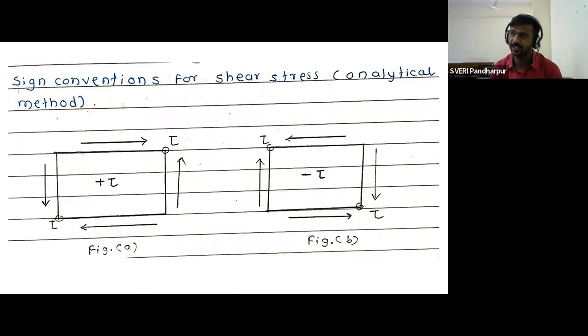Similarly, for the shear stress also we have to consider their sign. For which figure we have to take positive shear stress and for which figure we have to take negative shear stress. Without these sign conventions, we are not able to solve the numericals on case number 3. Positive and negative.